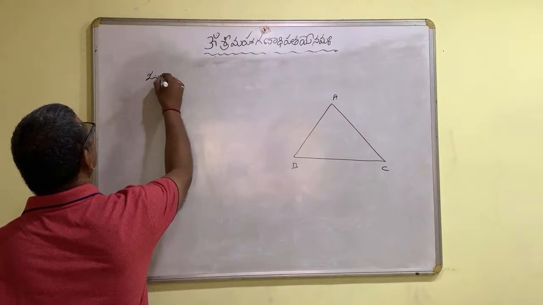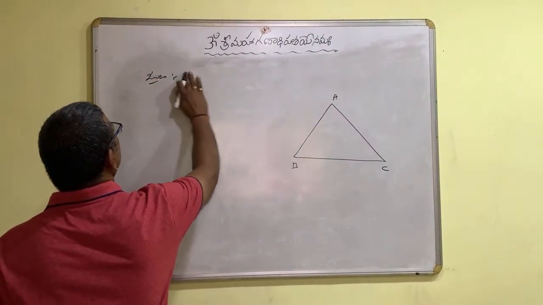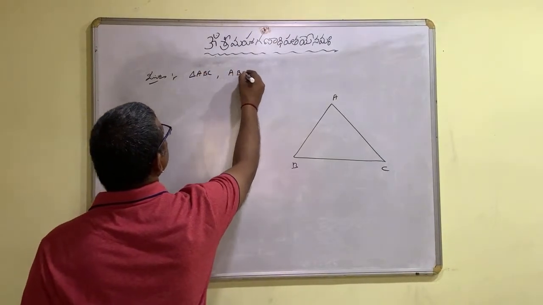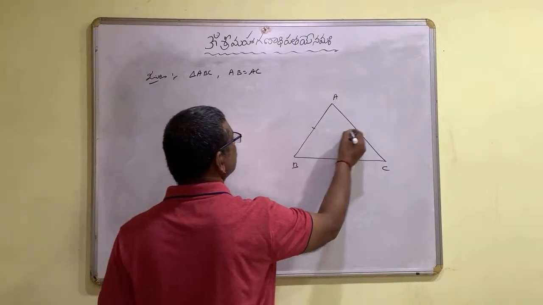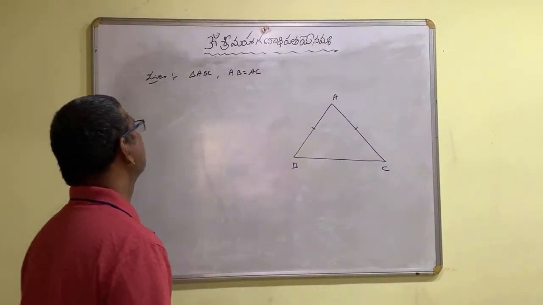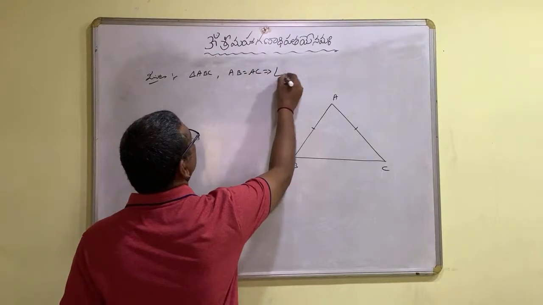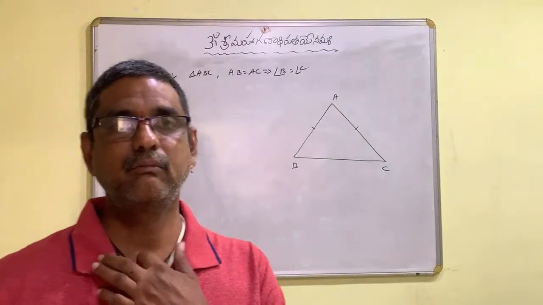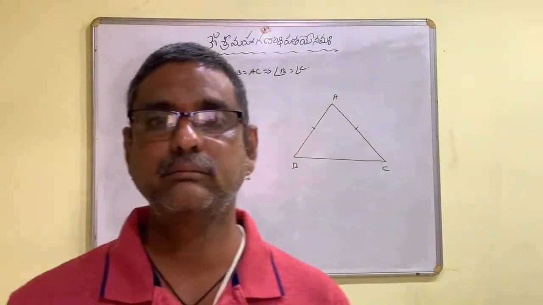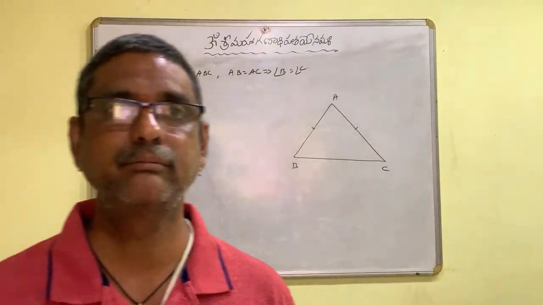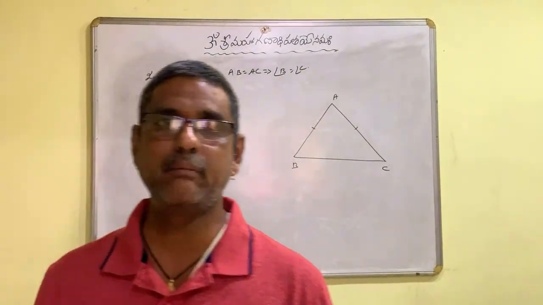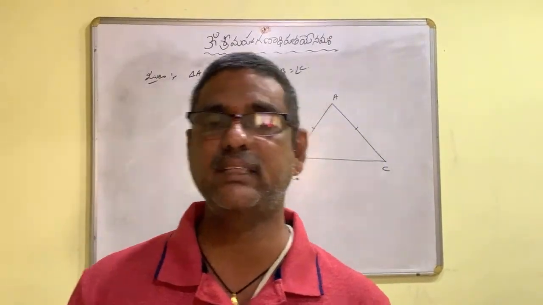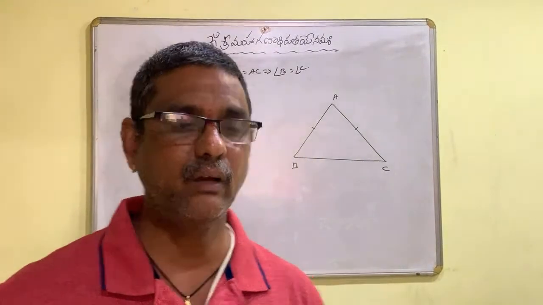Given triangle ABC, AB is equal to AC, which implies angle B is equal to angle C. We learned it in the morning: in triangle ABC, if AB is equal to AC, then angle B is equal to angle C. The angles opposite to equal sides are equal.